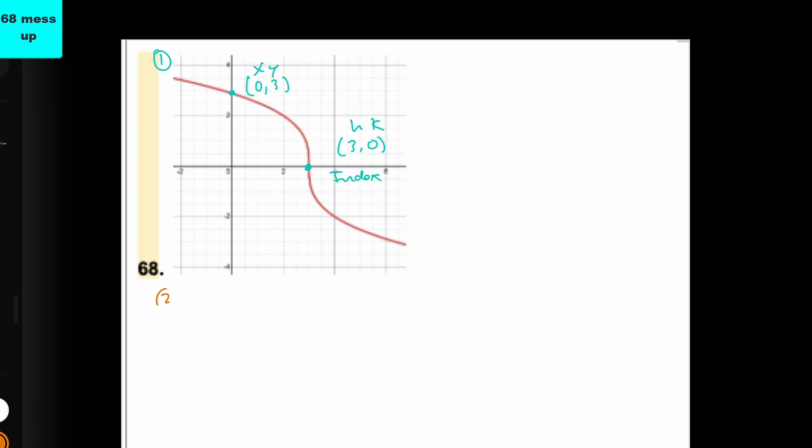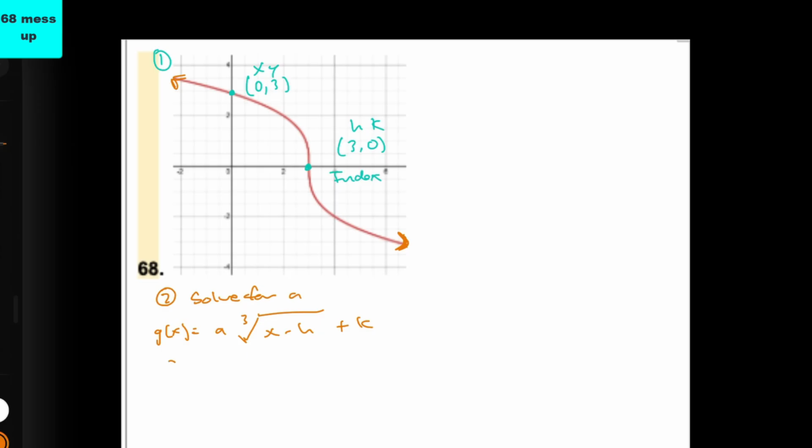Now let's go ahead and solve for a. This one looks like an odd index because I have 2 sets of arrows. So g of x equals a, index of 3, x minus h, plus k.